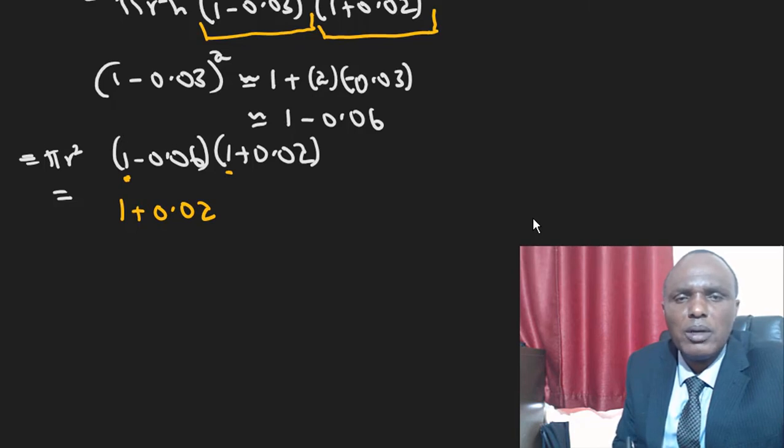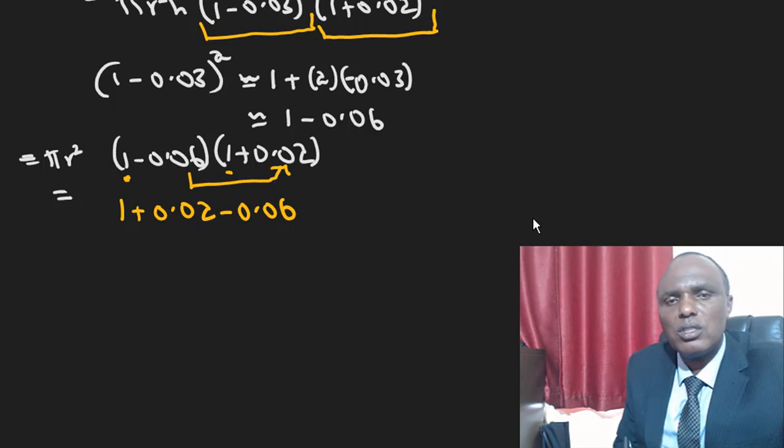Negative 0.06 multiplied by 1 gives minus 0.06. When we come to multiply negative 0.06 with 0.02, the product of two small numbers will always give you a very small number, so let us ignore that product.